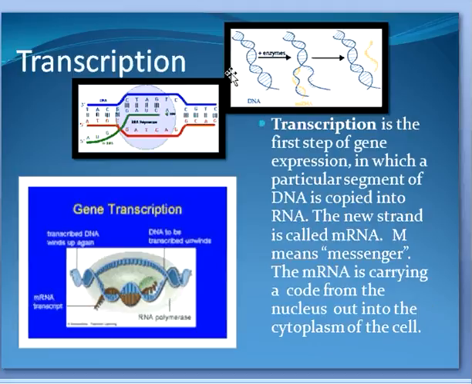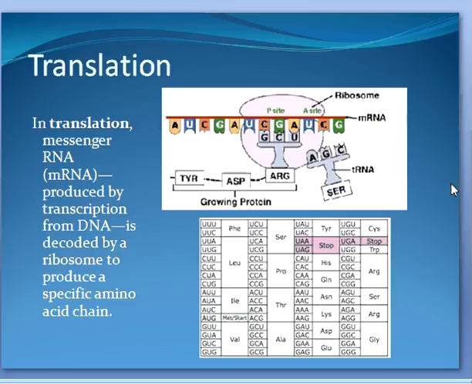Once that happens, the code is out in the cytoplasm, where we can use it to make proteins. That involves the next process we're going to talk about, which is translation.